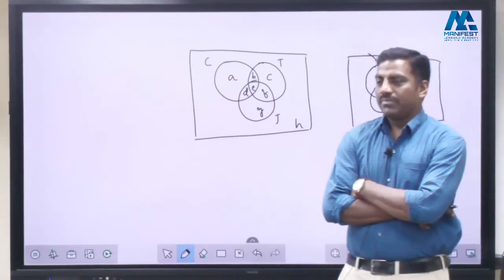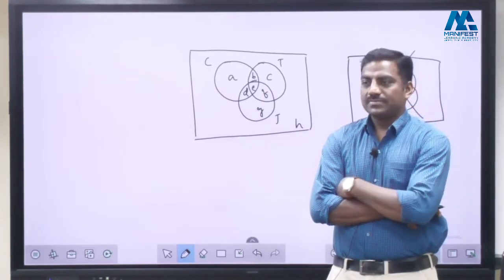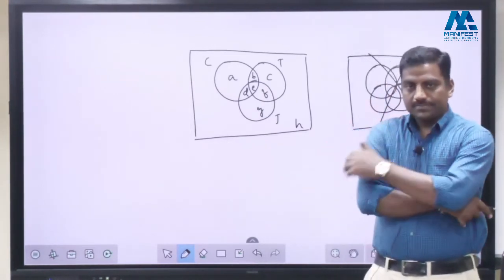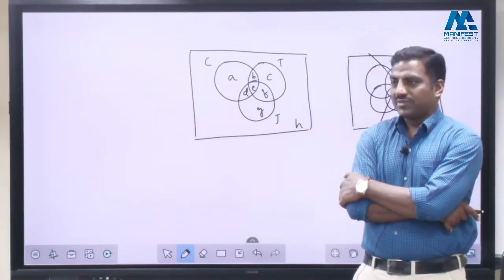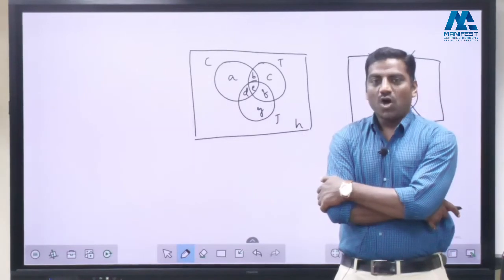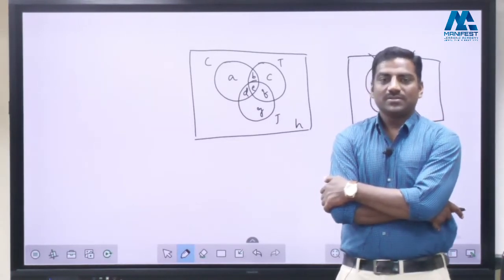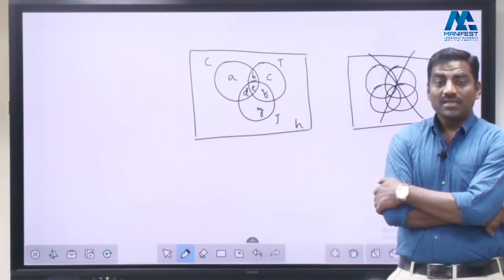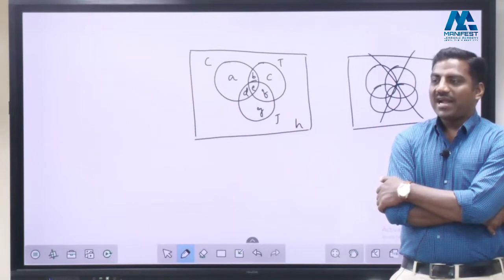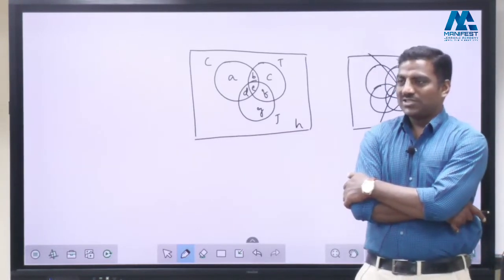How many of them like at the most 0 beverages? Only H? Now I'll come in a reverse way. How many of them like at the most 1 beverage? A, C, G, H. At the most 1 means what? 1 and below, right? You have to consider H.